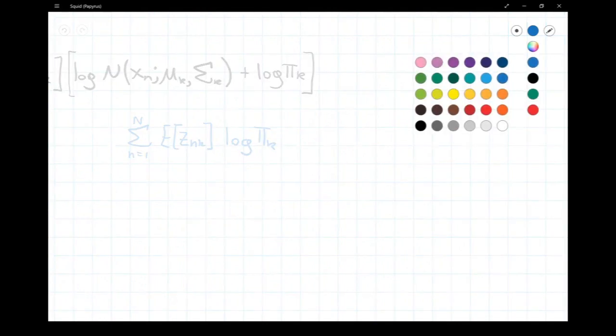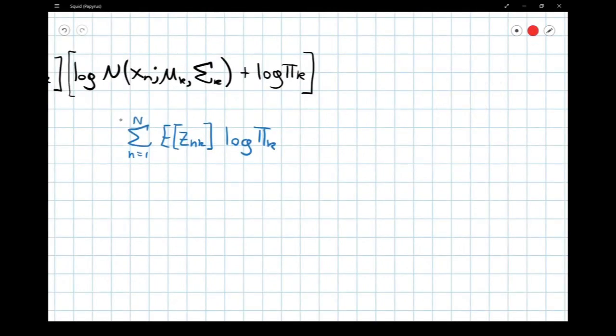Okay, this is slightly different because we want to minimize this, but we have to remember that it's subject to a constraint. In the previous videos, we said that if we sum over all of our pi k's, that would be equal to 1. So we're actually doing some constrained optimization in this case.